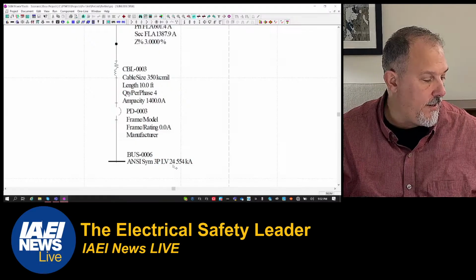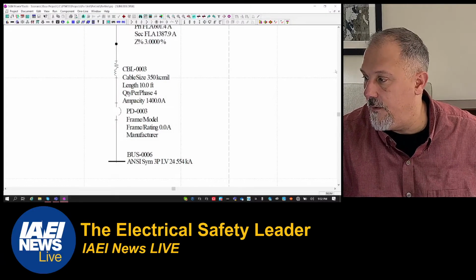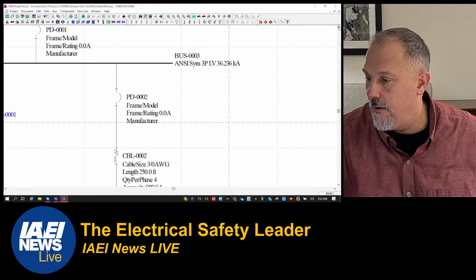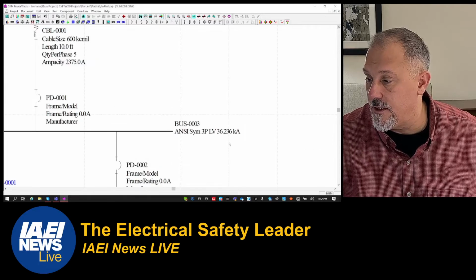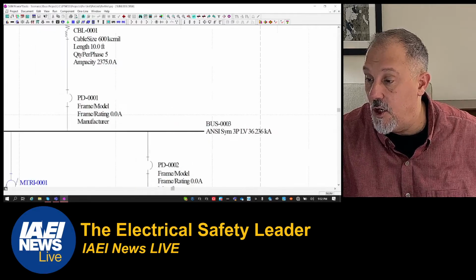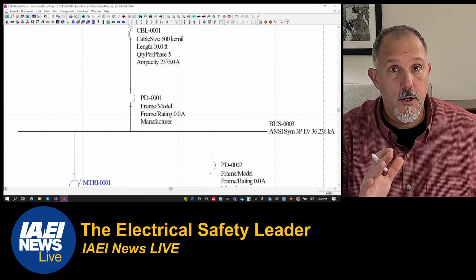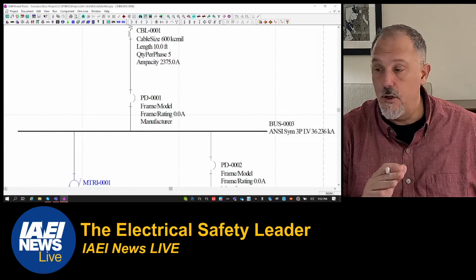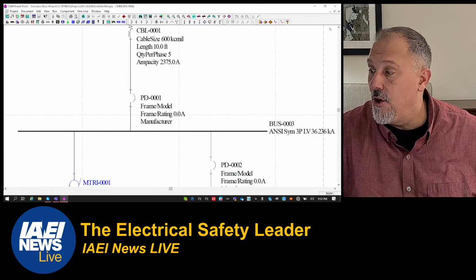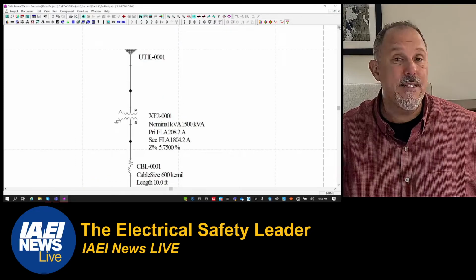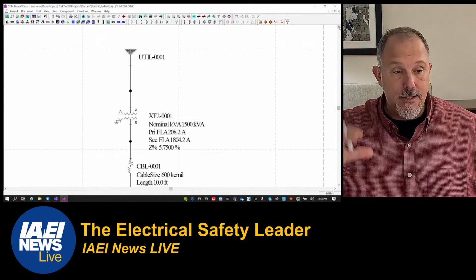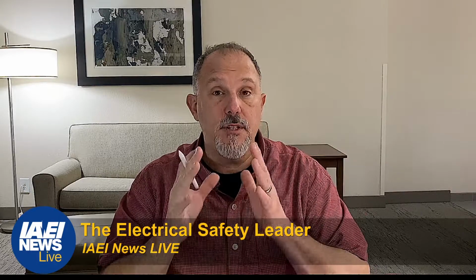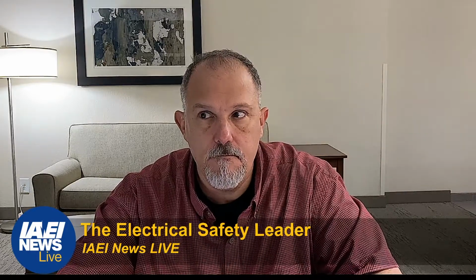Okay, so we showed you the value of current in the power distribution system. We showed you how to model when you have a motor involved. We showed you how to calculate or represent the utility as an impedance in the power distribution system.